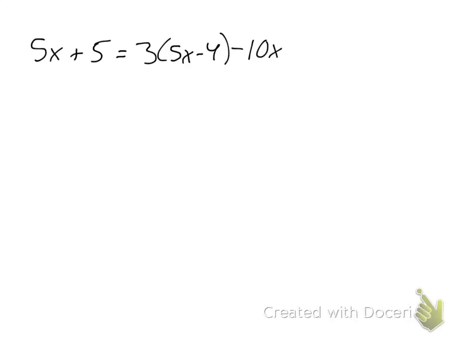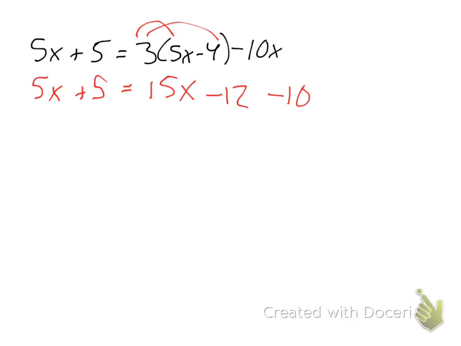So that means take the 3 and distribute, which means as well that I am not going to do anything with the left-hand side, leaving it. What is 3 times 5x? 15x. 3 times negative 4, negative 12. And minus 10x goes along with the ride. Not doing anything to it yet.